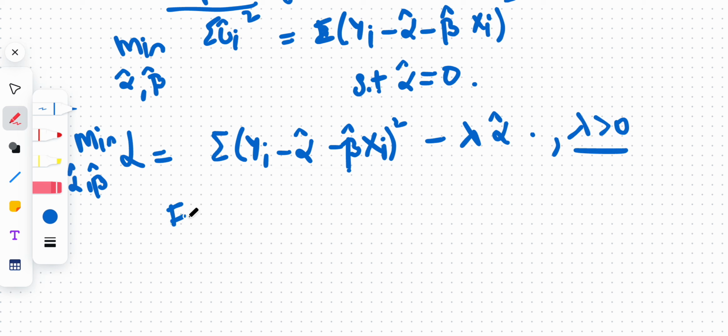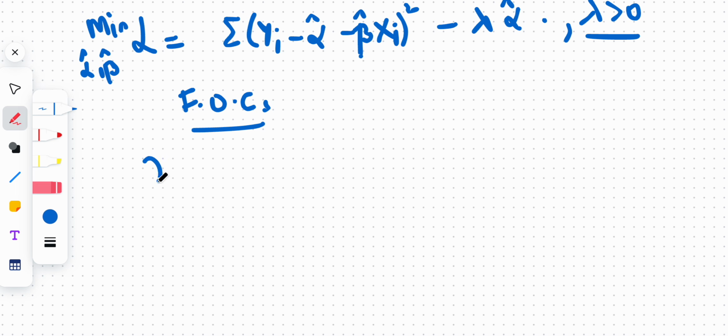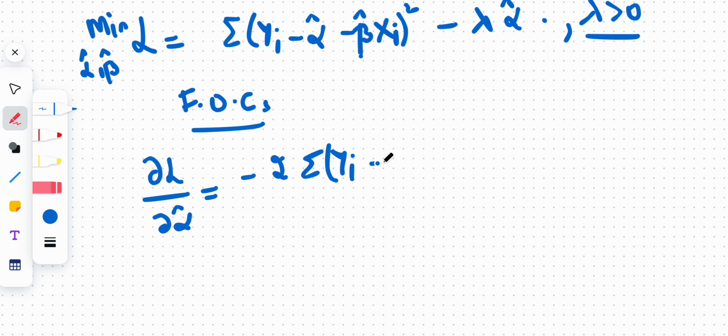Now first order conditions, won't go so long, this one's quite quick. dL by d alpha equal to minus 2 summation yi minus alpha cap minus beta cap xi, minus lambda is equal to 0.